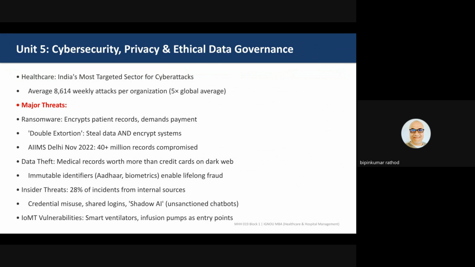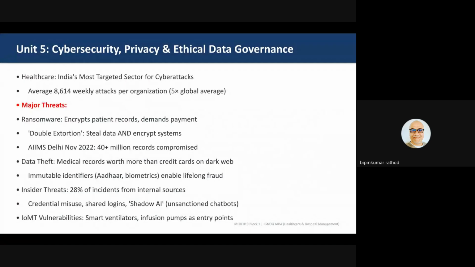And the Unit 5, Cybersecurity, Privacy, and Ethical Data Governance. Now, as you know, we are already waiting for June 2027 when the DPDA Act is going to be live in our hospital ecosystem. So we need to identify what our cybersecurity is like, what we mean by privacy, and what we mean by data governance.